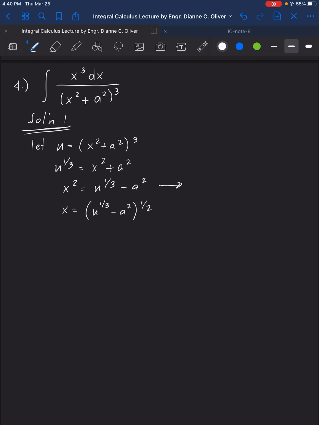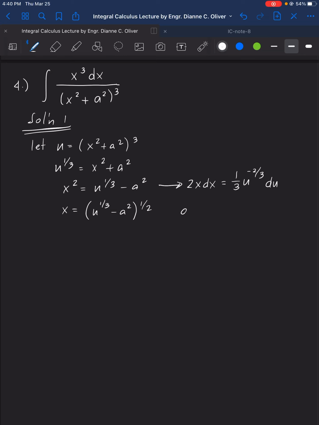So we can have the dx here, this part. 2x dx is equal to 1/3 u, and what is 1/3 minus 1? It's negative 2/3 du.